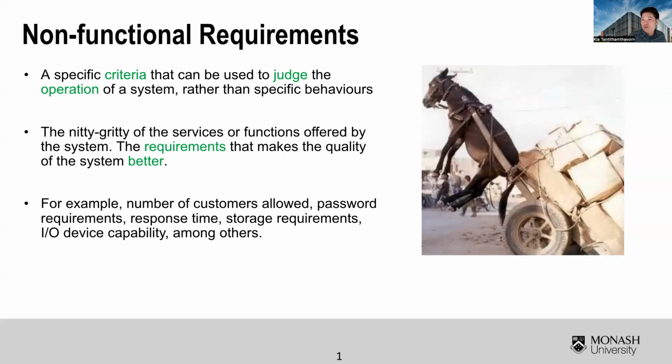Or it should connect to some specific database system, that kind of thing, okay? That's a non-functional requirement. The response time should be less than 1 second when the customer clicks any button, okay? That's an example of a non-functional requirement.